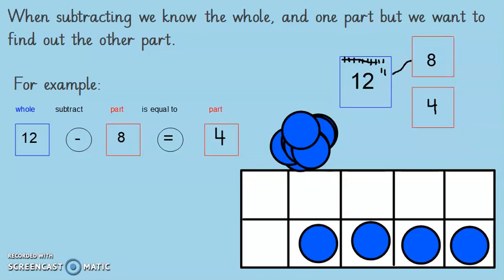Okay, so we know this, we've done it lots of times. When we're subtracting, we are given the whole. We know the whole and we know one part, but we want to find out the other part. And the way that we find it out is by taking away the part that we know from the whole, and then we see how much we are left with.